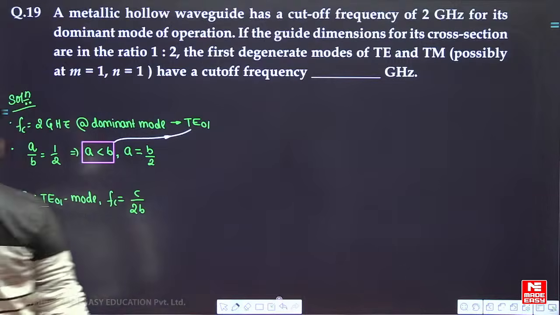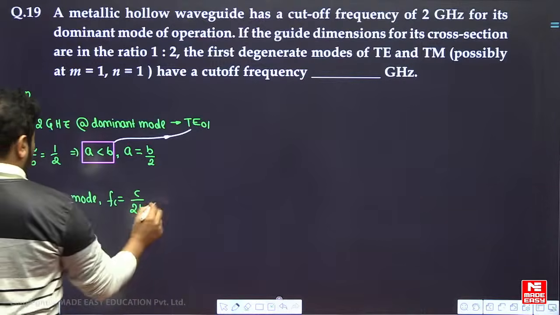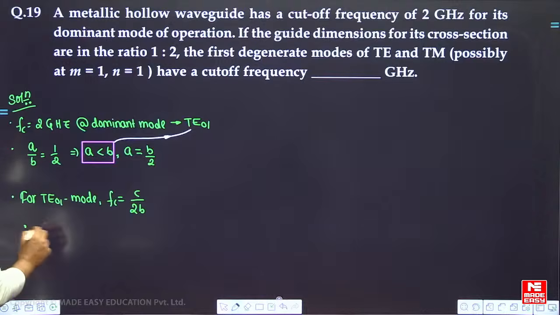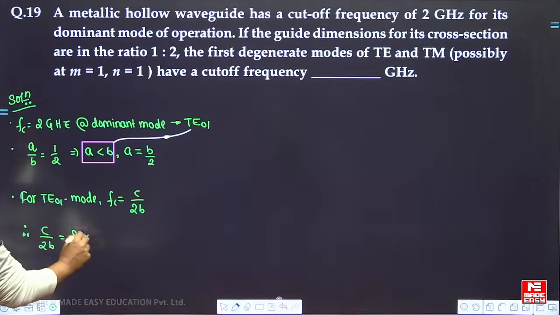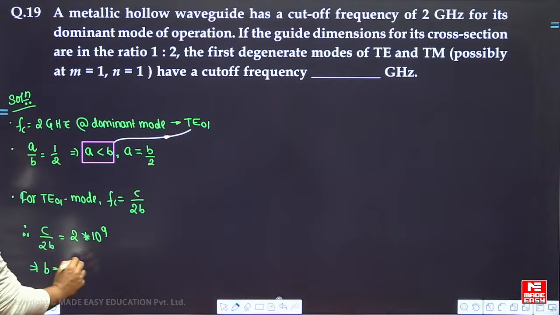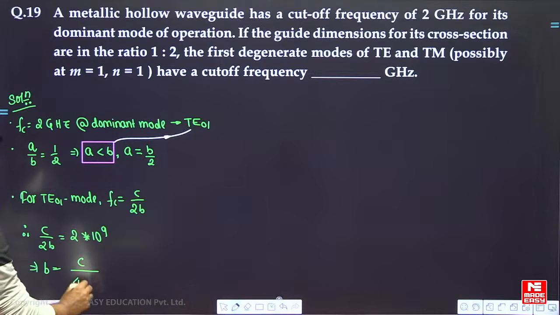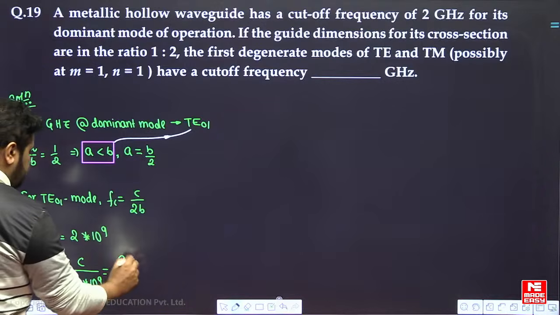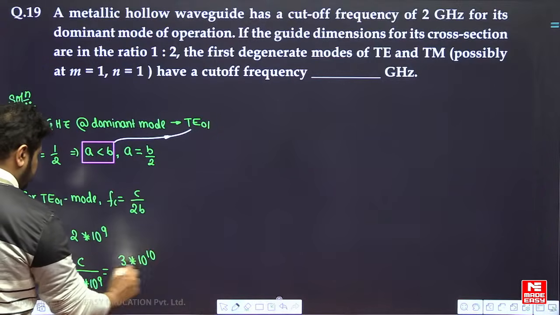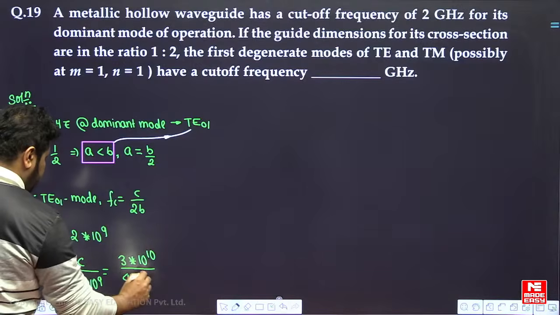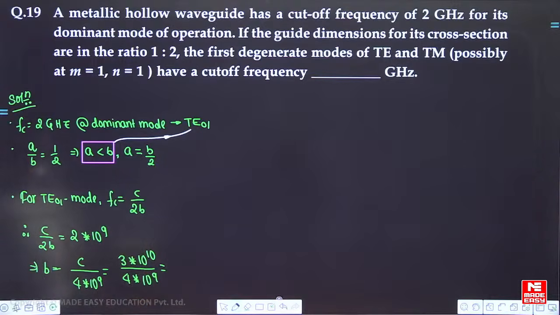No. So C upon 2B should be equal to 2 gigahertz, 2 into 10 to the power 9. So what is the value of B? B is equal to C upon 4 into 10 to the power 9. Let us directly calculate in centimeters: 3 into 10 to the power 10 centimeter divided by 4 into 10 to the power 9. So what is the value?